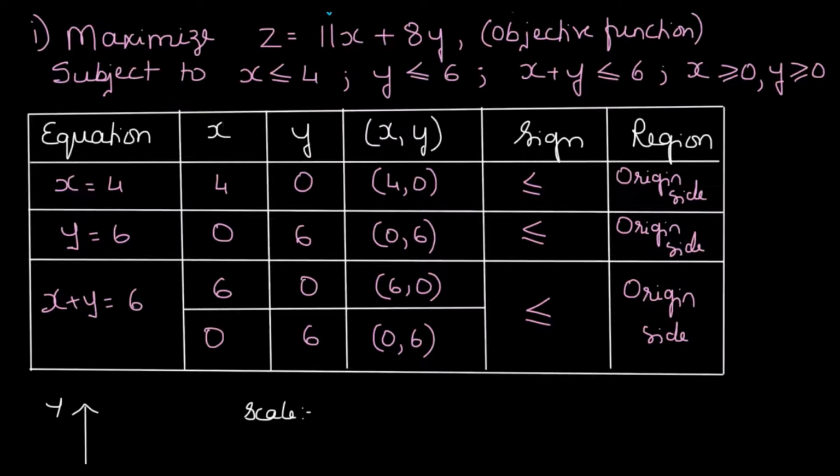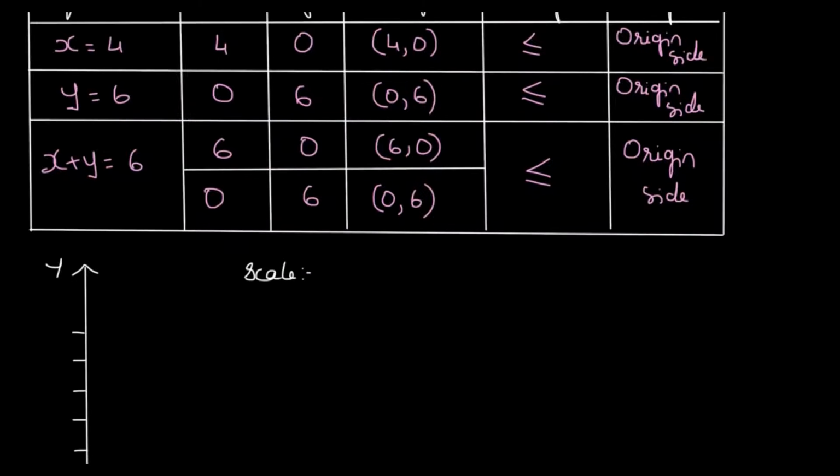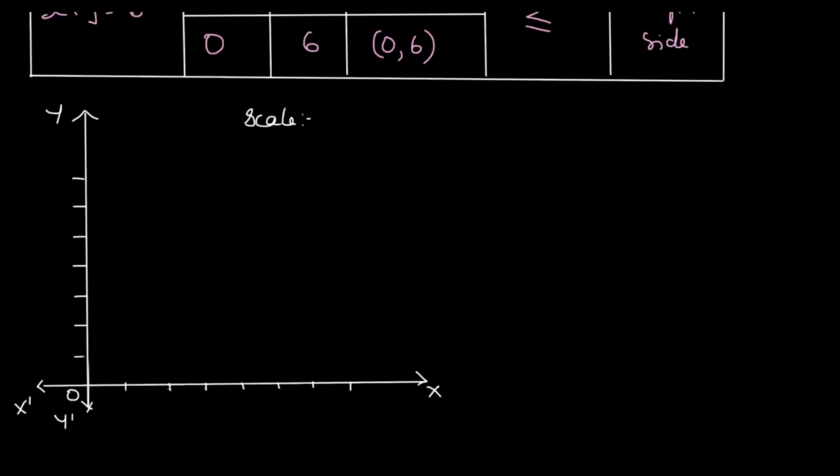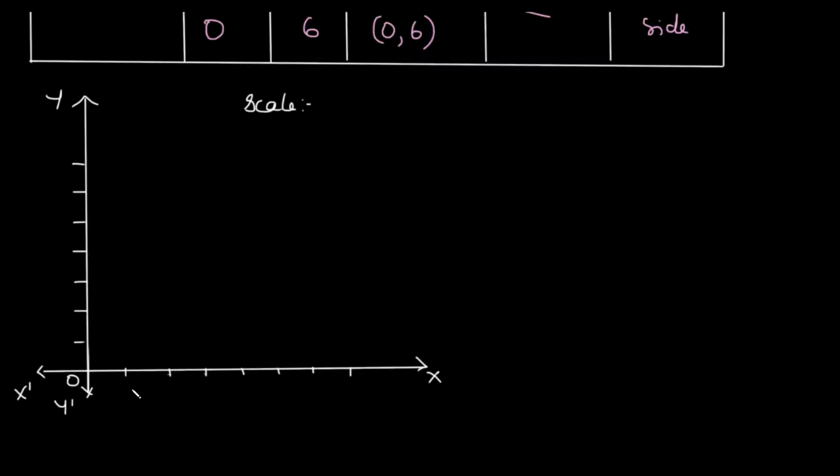Now the next part is drawing the graph, plotting the graph. For plotting the graph, the points which are required are over here. Again, you can plot it on normal paper. You don't need a graph paper for plotting such sums. My only advice would be that you plot it in a proper manner. With your scale, take 1 centimeter as 1 unit in each case.